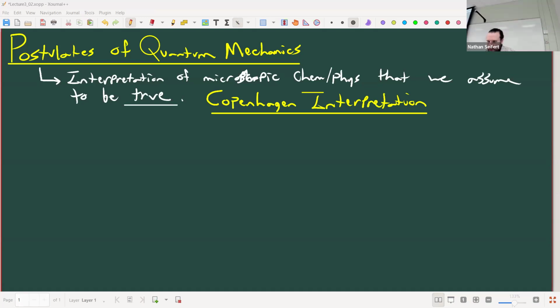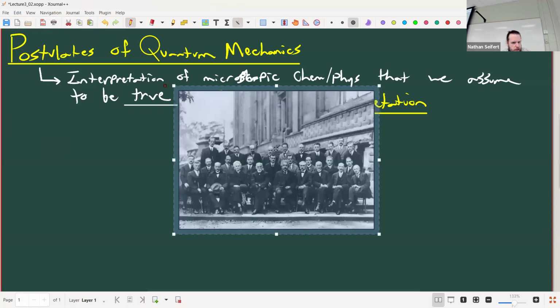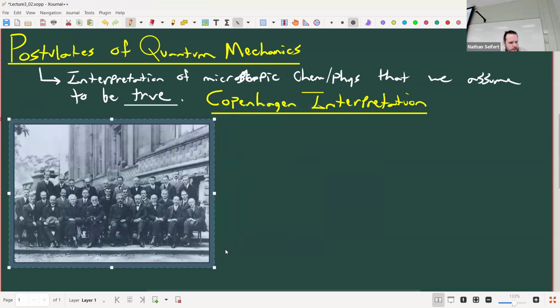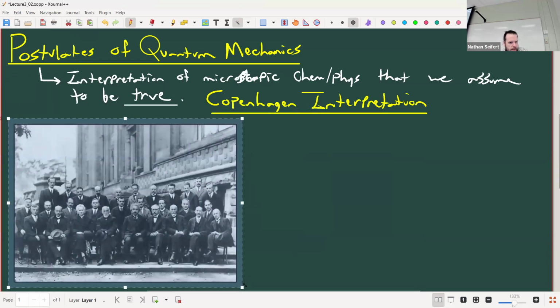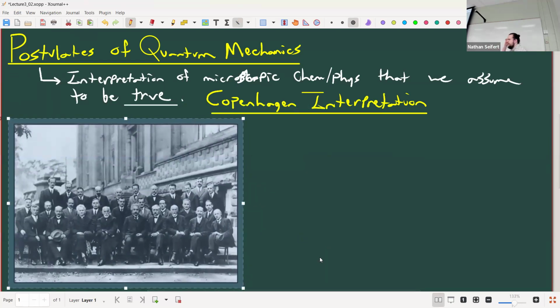Copenhagen meeting. Copenhagen interpretation. Yeah, 1927. There's a big conference of all the famous physicists in the world that came together in 1927 to decide on this new quantum mechanics and what they think about it.